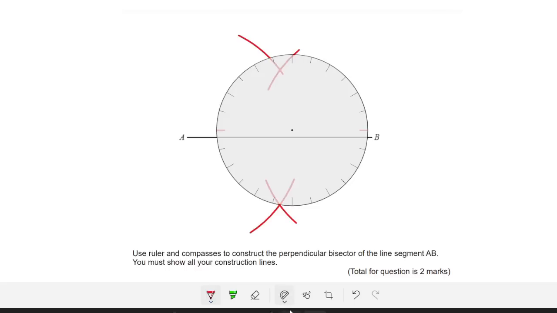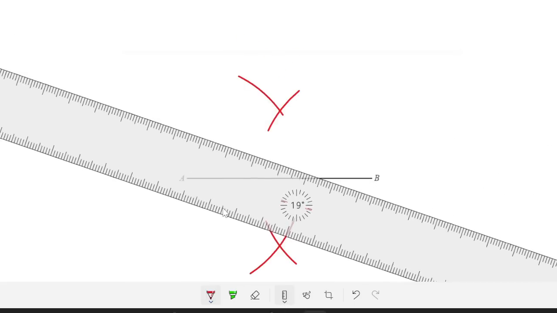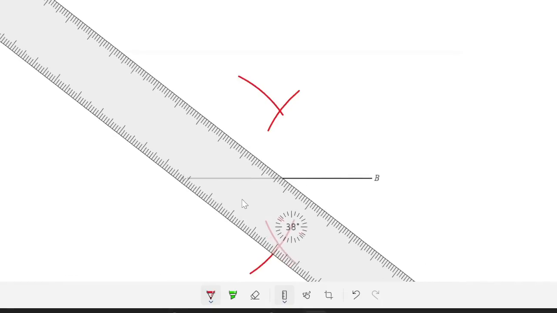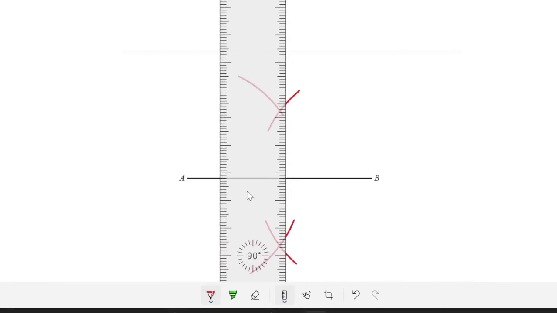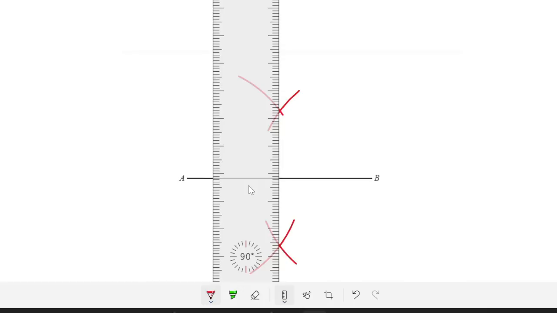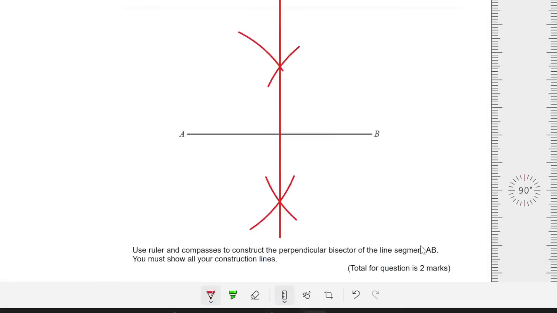So let's switch that for a ruler. And then if I draw a line between them, that becomes my perpendicular bisector. So that's how I would do the perpendicular bisector of the line segment AB. My construction lines are these arc lines here and here.